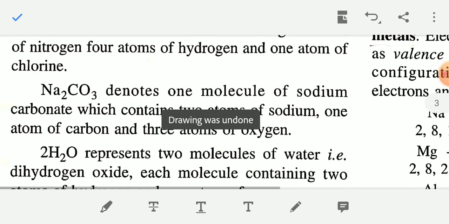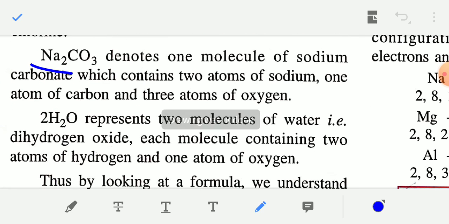See the molecular formula of sodium carbonate, Na2CO3, which denotes that in one molecule of sodium carbonate, two sodium atoms, one carbon atom and three oxygen atoms are present. In the water molecule H2O, two hydrogen atoms combine with one oxygen atom.